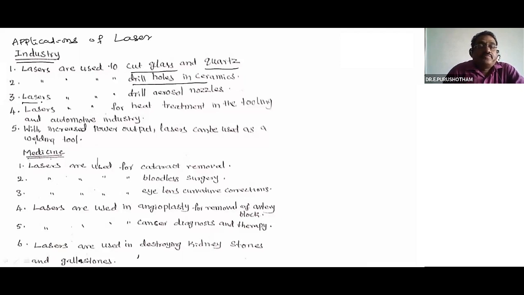Third, lasers are used to drill aerosol nozzles, which we can observe in nanotechnology. Fourth, lasers are also used for heat treatment in the tooling and automotive industry. Now the last one, the fifth one.